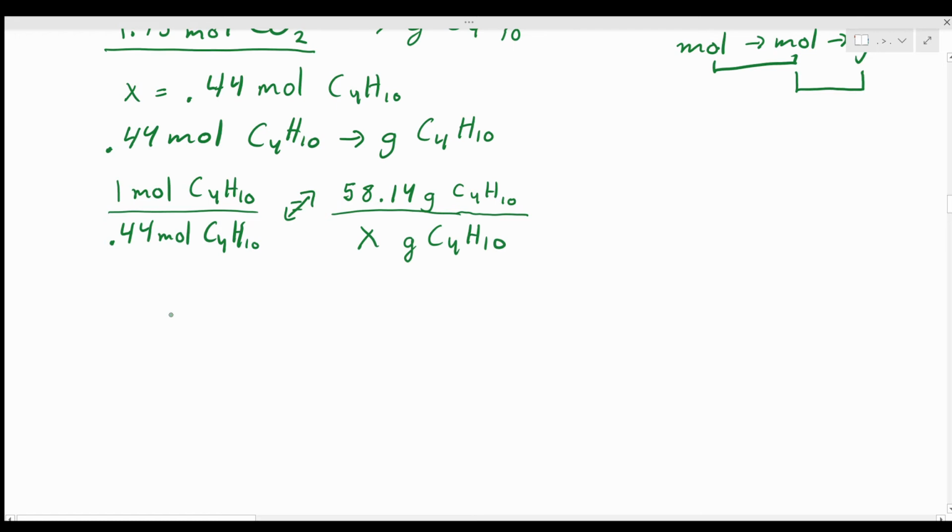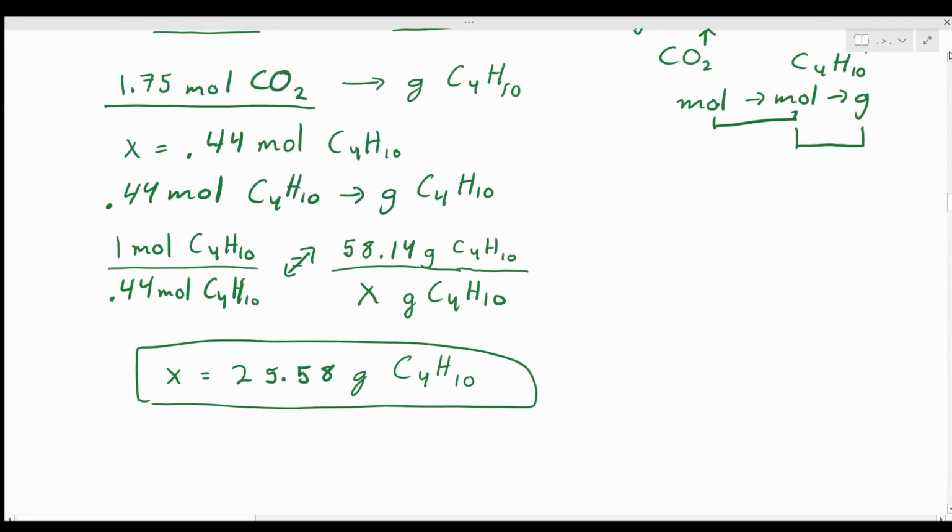So 1 times x is just x. And 58.14 times 0.44 is our other cross multiplication, which gives us 25.58. And we know that this is going to be in grams of butane.